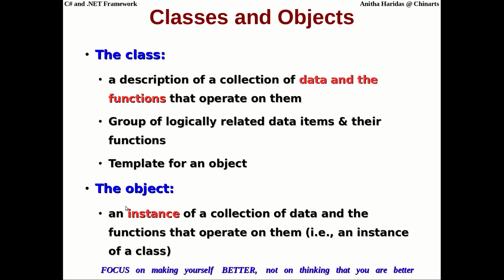Whereas an object is an instance of a collection of data and the functions that operate on them. That means you define how the data looks in the class, and the object becomes the original instance of that particular class.